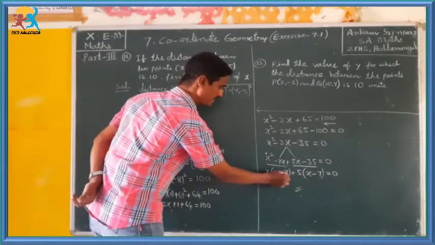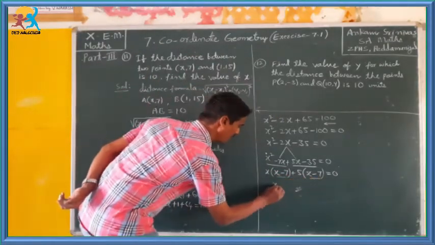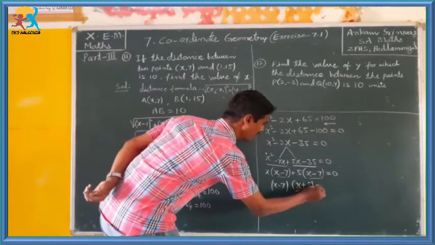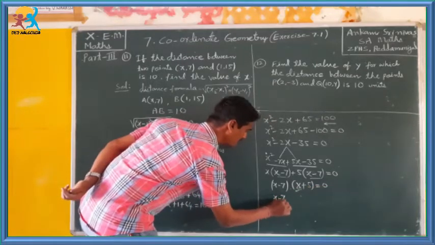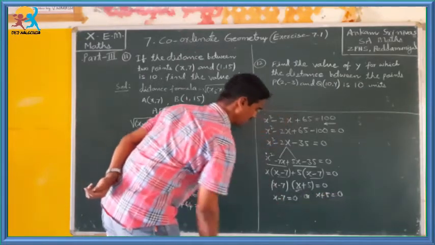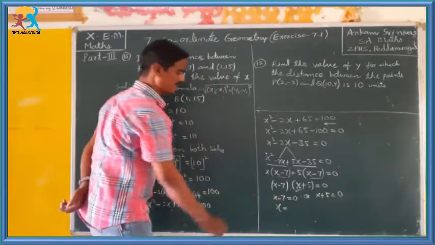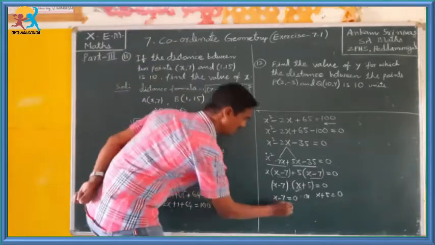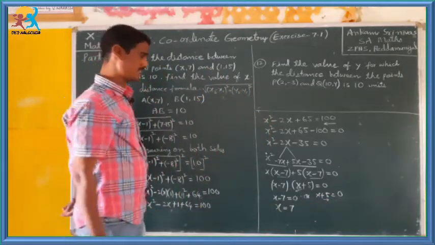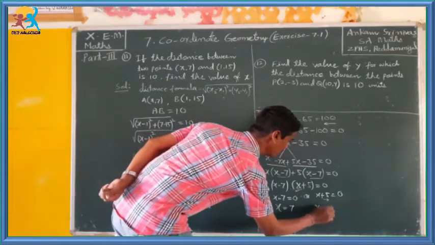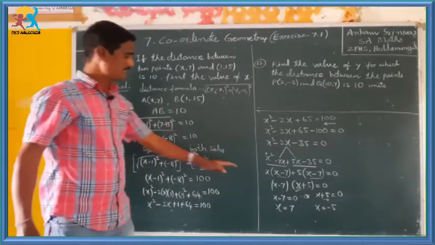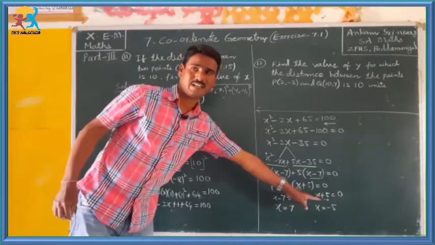Then x minus 7 is the common, remaining x plus 5 equal to 0. Now x minus 7 equal to 0 or x plus 5 equal to 0. If we transfer minus 7 to the right side it becomes plus 7, and if we transfer plus 5 to the right side it becomes minus 5, so x equal to minus 5. So the value of x is 7 or minus 5.